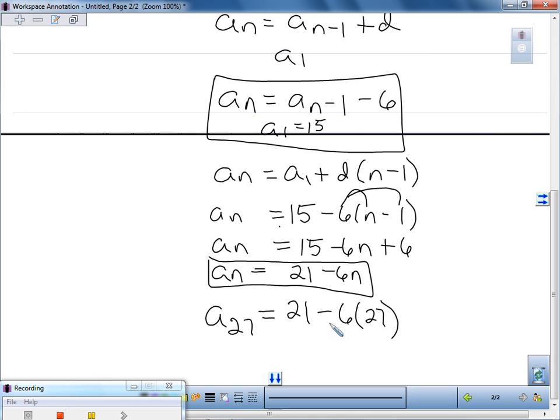So we'll multiply negative 6 times 27 and combine that with 21, and so a sub 27, or the 27th term, is equal to negative 141. So we have now found the recursive formula, the explicit formula, and then the 27th term of this sequence.